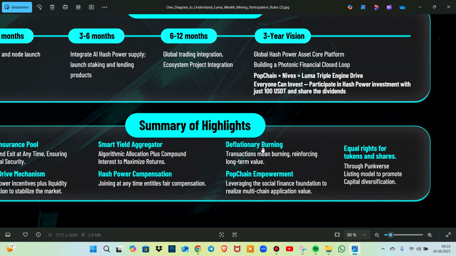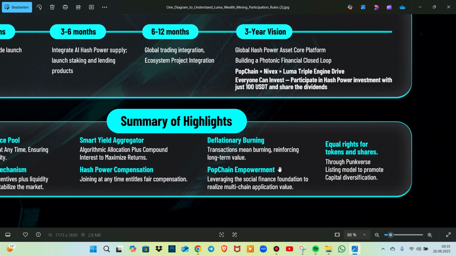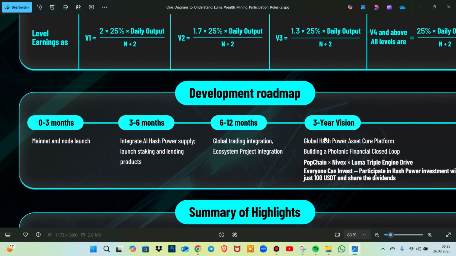So the 0.5 to 1% daily that I mentioned are based on the token being stable. So basically not growing. But if the token will be growing, which it will because it's a deflationary mechanism, then the earning will be more than 0.5 to 1%.